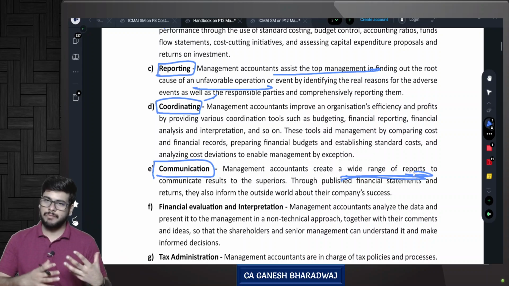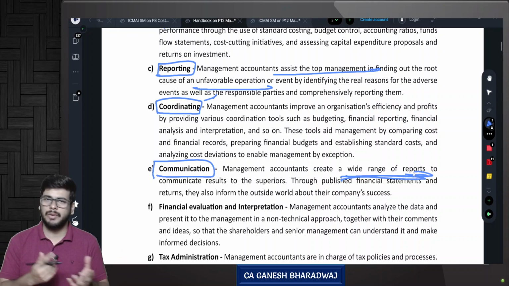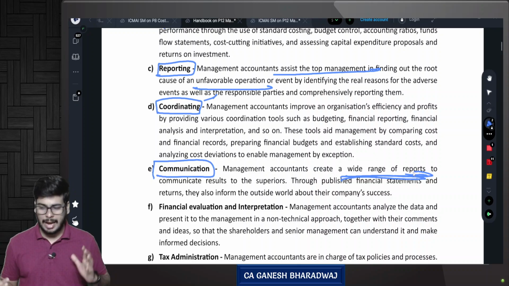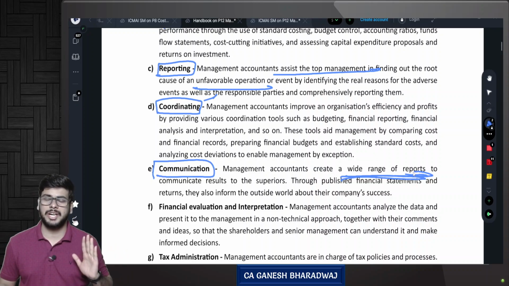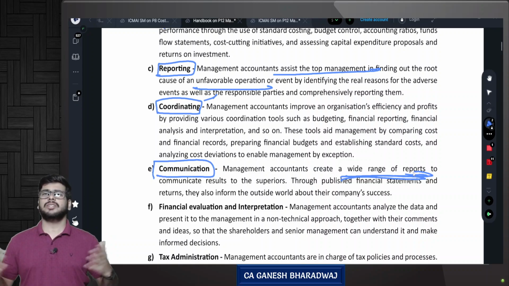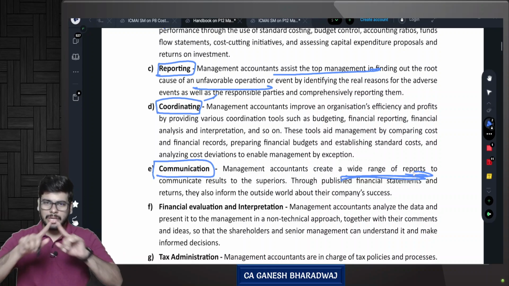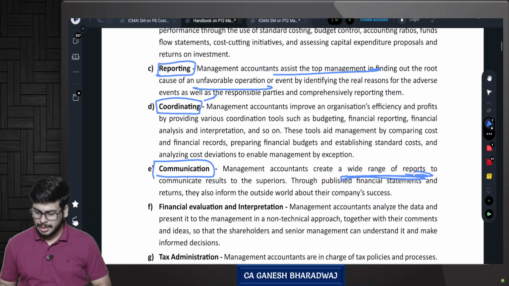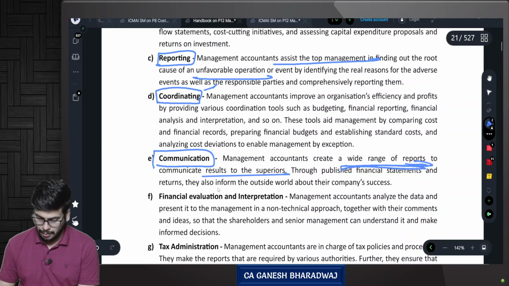At that point of time, we had predicted so many things, but later on things went well or didn't go well. So based on the report, you can also answer. So reports are always a prerequisite here in management accounting. It's not like you'll just randomly, orally say, sir, go for this, go for that. No, you need to come up with a report and clearly tell him what it is. Clearly communicate the results to the superior by way of a wide range of reports.